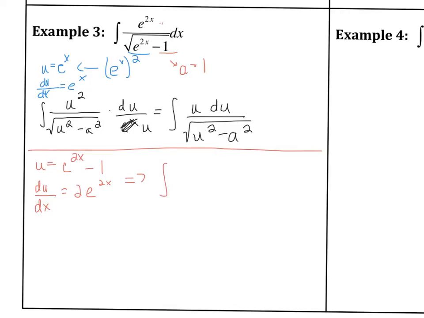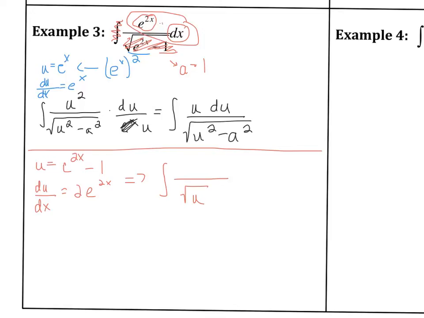Okay, let's rewrite our integral, and I'm going to save the numerator. So now instead of the square root of e to the 2x minus 1, I can just write the square root of u. I could either handle each of these separately, or I could look for something that is equivalent to e to the 2x dx. That's what I'm going to do.